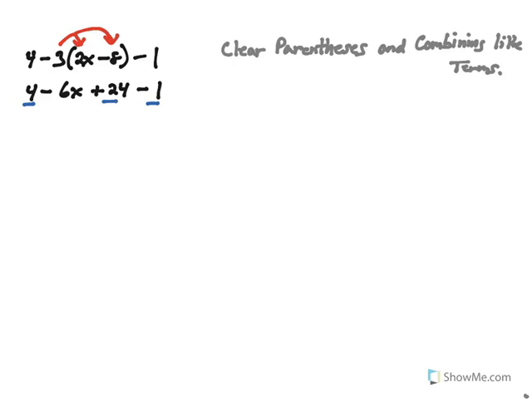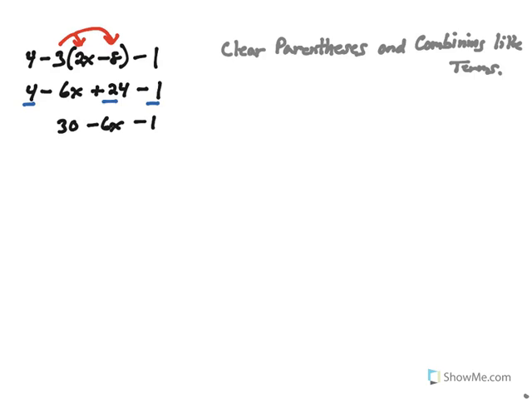So we can just do 4 plus 24, which we all know is 30, right? And then you can do 30 minus 1. Did I make an error here?